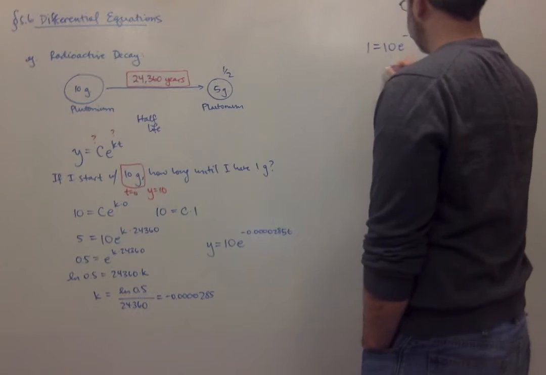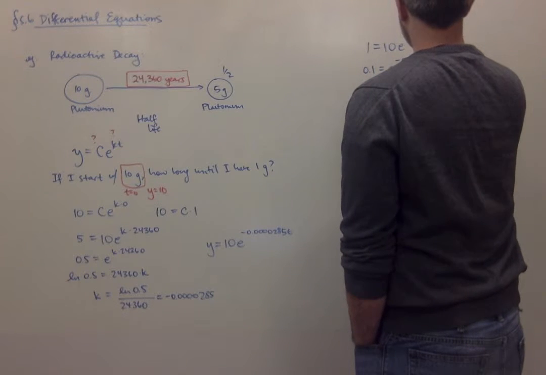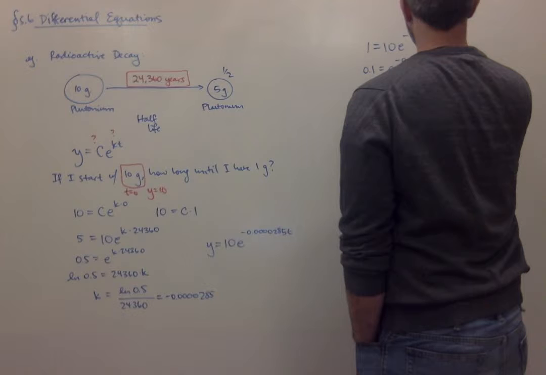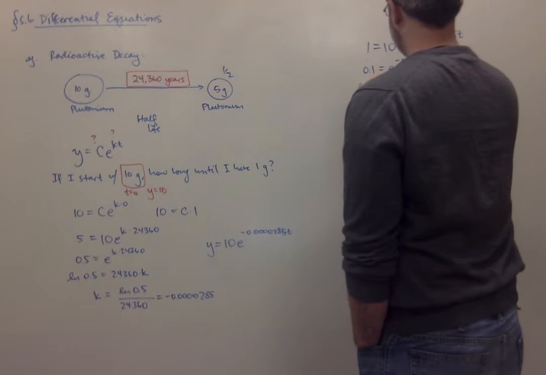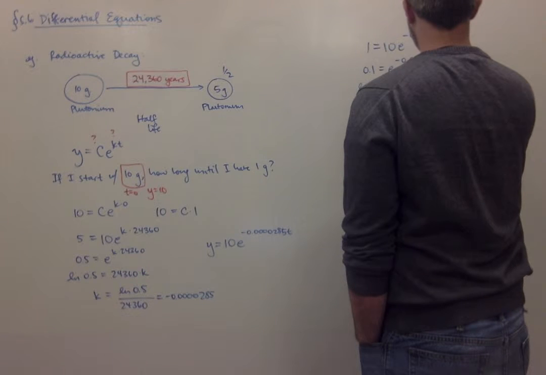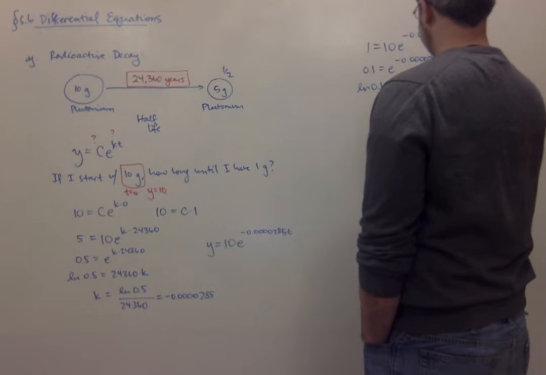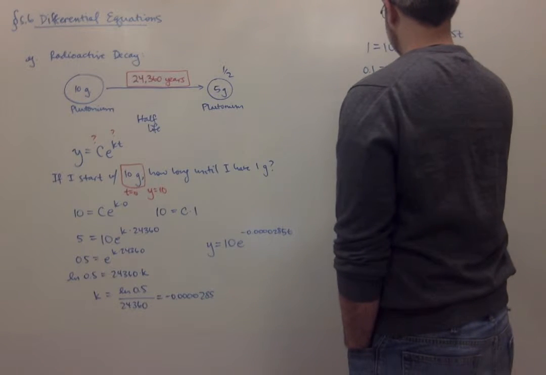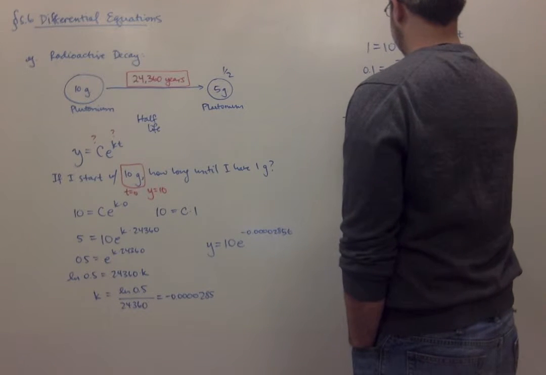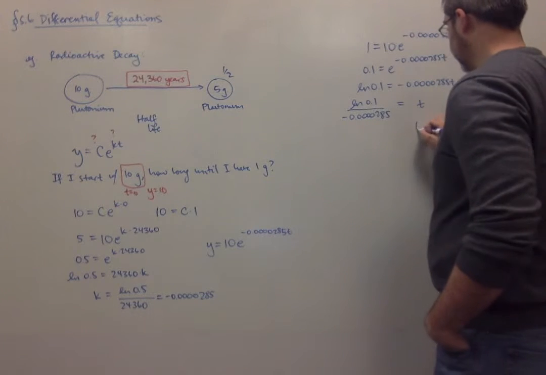So if I divide by 10, I get 0.1. Then I'm going to take natural log of both sides. And then just divide by that constant in the front, negative 0.0000285, and that's going to give me my time.